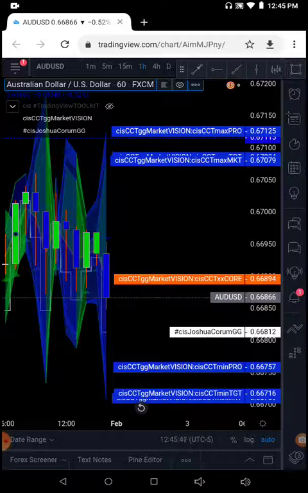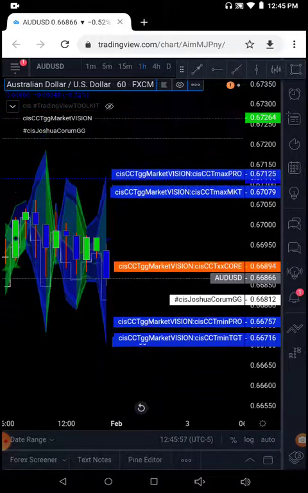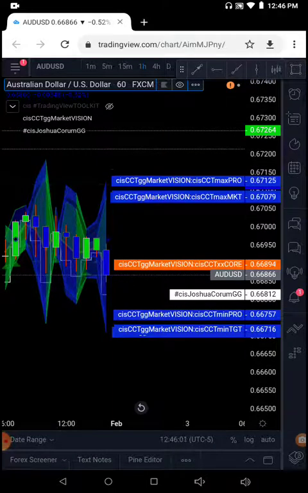At 66.86, I have my Prometrics algorithm level at 66.81. Initially, I don't have any pro trading levels until I get back above the 67.26 area, and I have a buy level there.